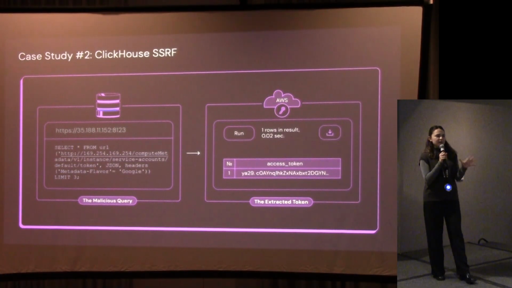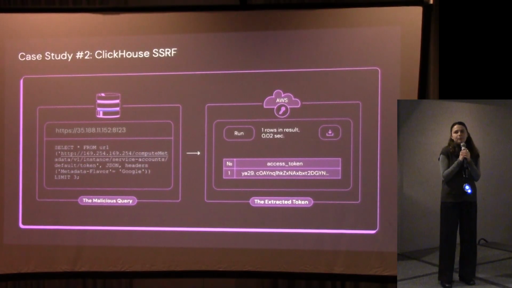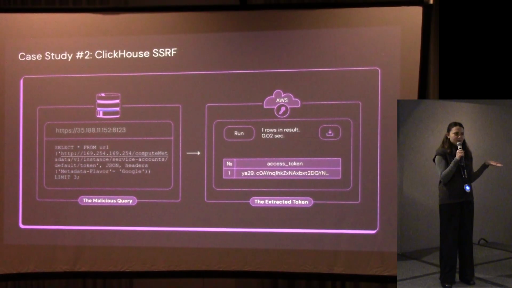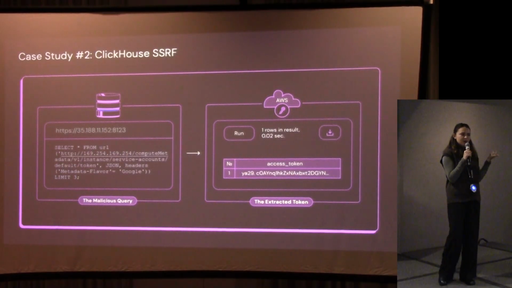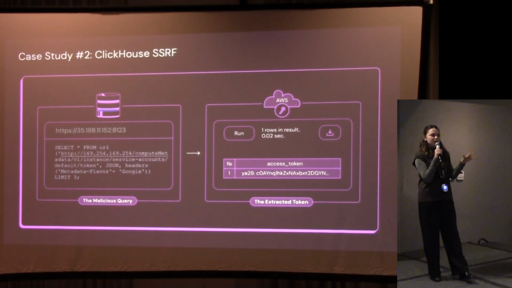But the point here isn't the specific feature or bug in ClickHouse, it's how we found it. We had no signatures, no prior intel, just looking at the graph, that same graph that surfaced the Pandoc vulnerability, surfaced this vulnerability in a completely different tool, in a different cloud provider.